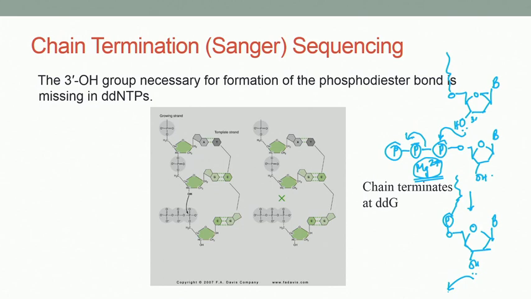Now, some important points we need to consider, that is the 3' OH, that when the DNA chain is made, it is the 3' OH attacking the 5 prime triphosphate. That is very important.